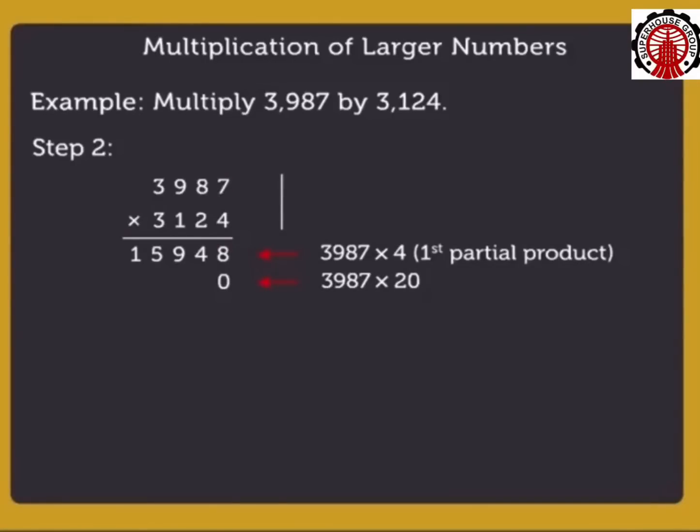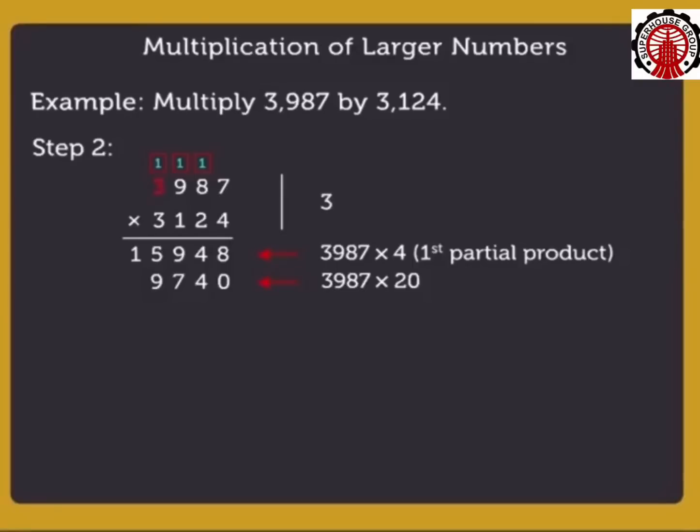Next, 7 into 2 is equal to 14. Now, 8 into 2 is equal to 16, plus the carried over 1 is equal to 17. Then, 9 into 2 is equal to 18, plus the carried over 1 is equal to 19.